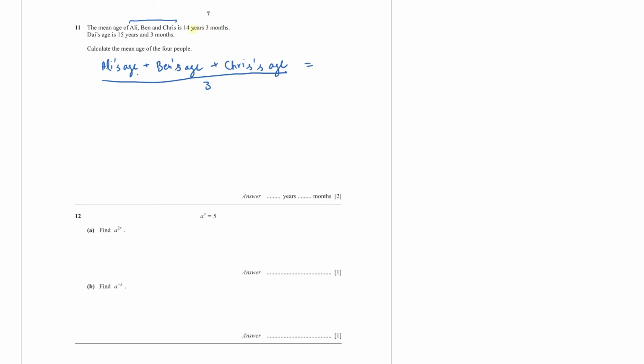Let me convert everything into months so that the calculations are easier. So 14 times 12 months: 4 twos are 8, 2 ones are 2, 4 ones are 4, 1 one is 1. So 168. So 14 years is 168 months, and plus 3 will give me 171.